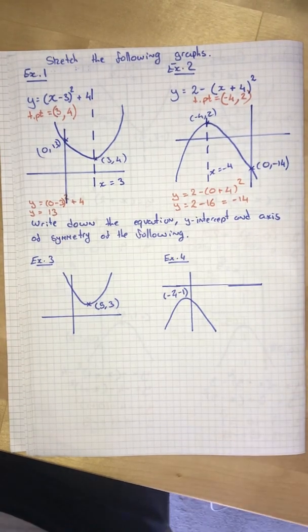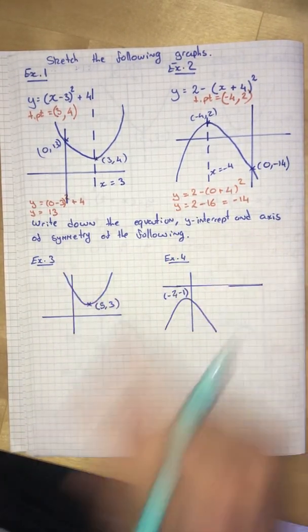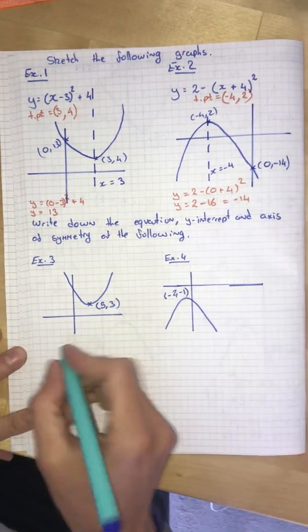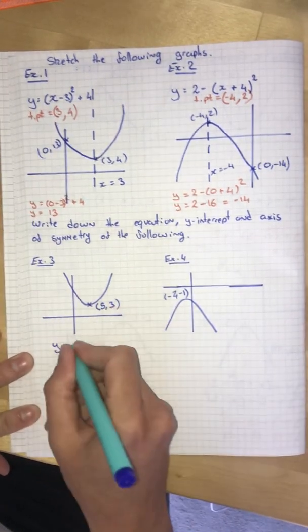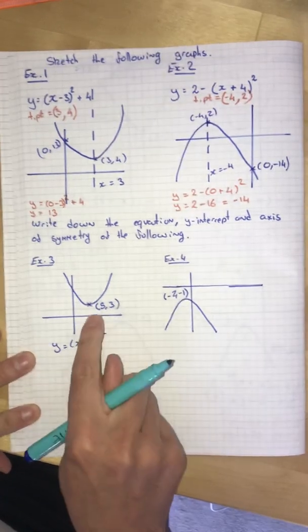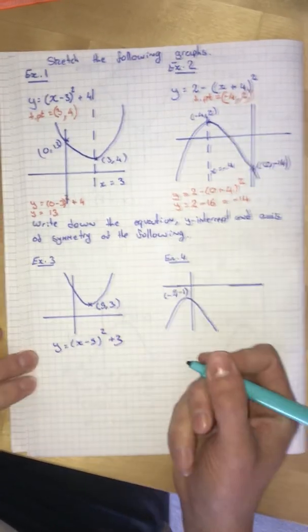Okay. So all we need to do is, just like we did before, write down the equation, y-intercept, and axis of symmetry of the following. Okay, so let's firstly get the equation. Change the sign. Plus 3.